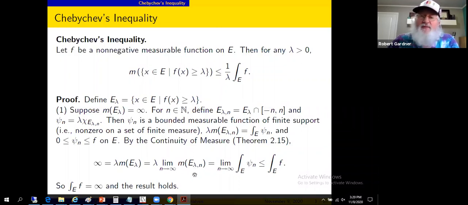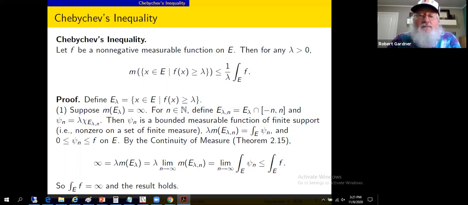We've taken the limit out of the measure, continuity of measure. Okay, measure of E sub lambda n, you can actually pull the lambda back inside that limit if you like. We have lambda times the measure of this set. Hey, lambda times the measure of that set was the integral over E of psi sub n. So we'll make that substitution. We've still got the limit.